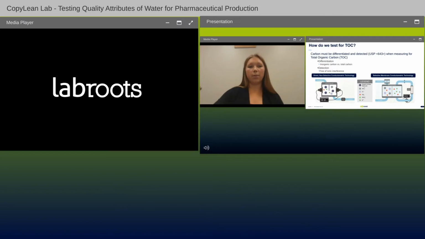In the diagram to the left, the animation is a depiction of direct conductometric technology, and the right is membrane conductometric. Membrane conductometric TOC analyzers have the ability to differentiate between inorganic carbon and total organic carbon, while also measuring only carbon with a selectively permeable membrane to filter out any interfering ions that could cause over and underreporting that's commonly experienced with direct conductometric instruments.